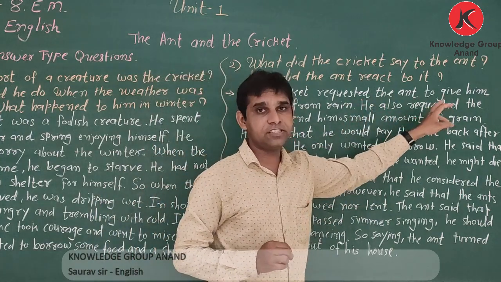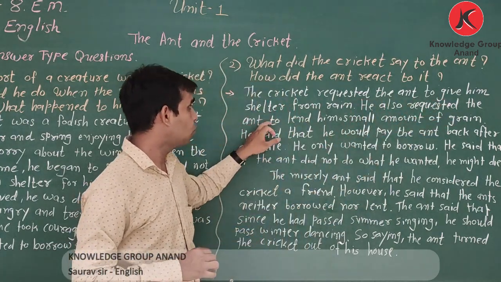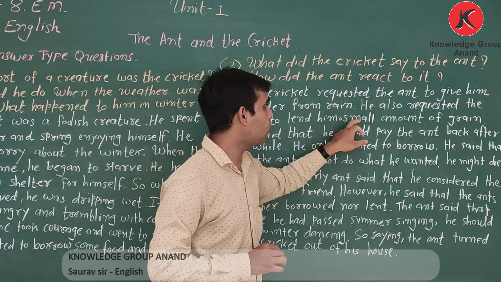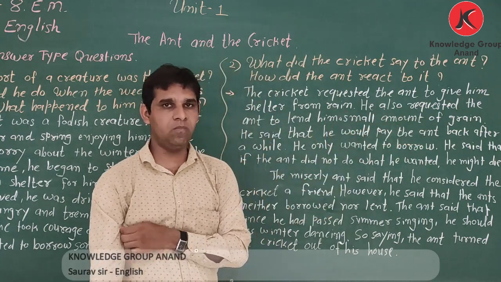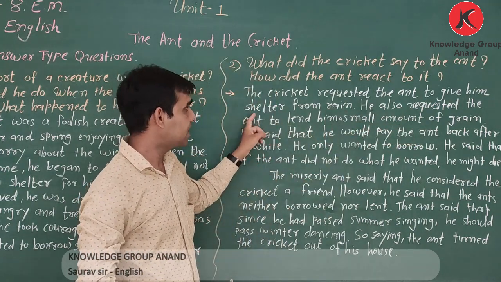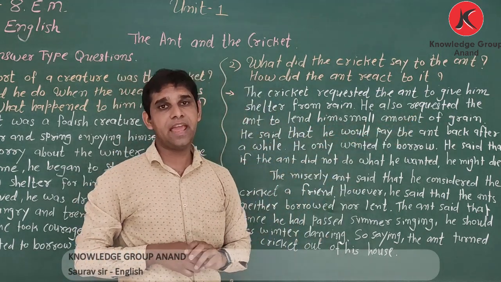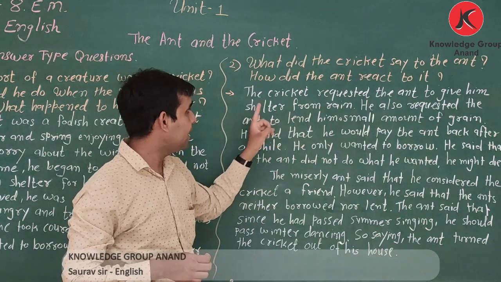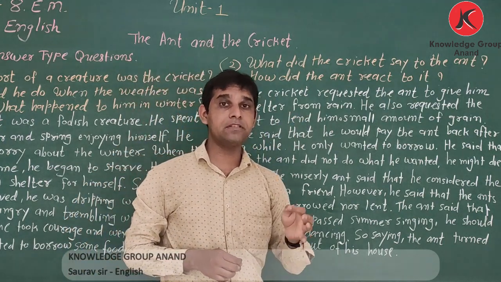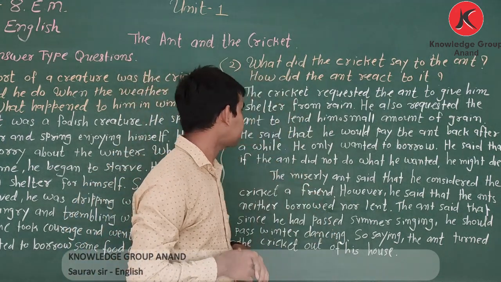He also requested the ant to lend him a small amount of grain. He requested the ant two things. What two things? Shelter and a small amount of grain.